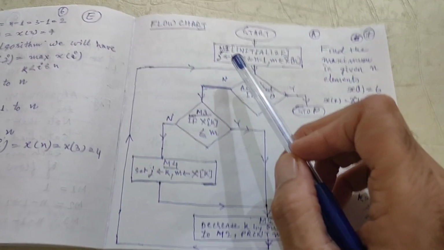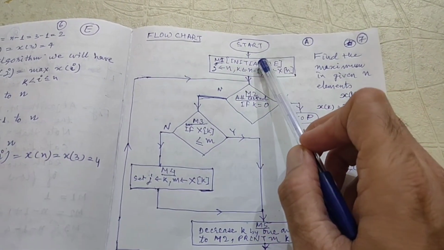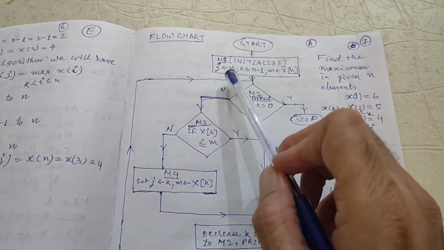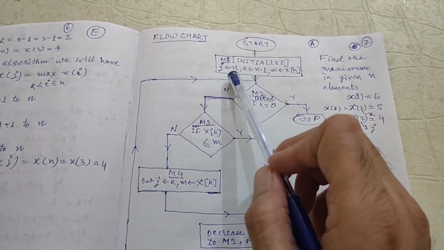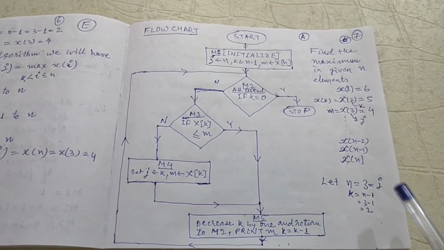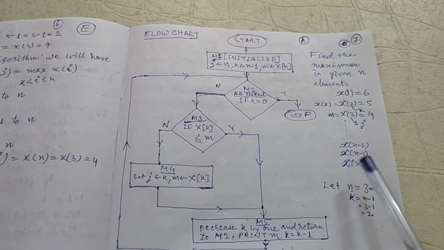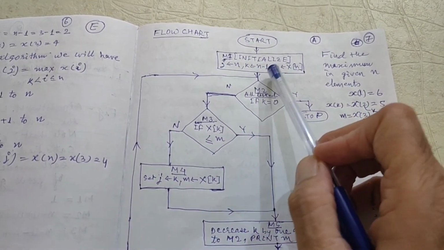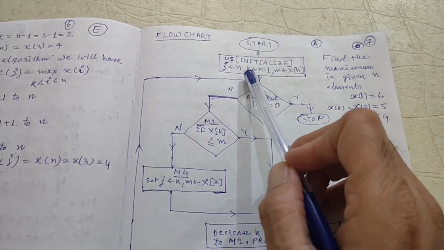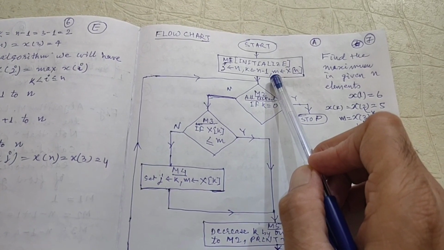So what will step M1 do? Step M1 will initialize the parameters or variables. Here I am redefining n as j, n minus 1 as k, xn as m.